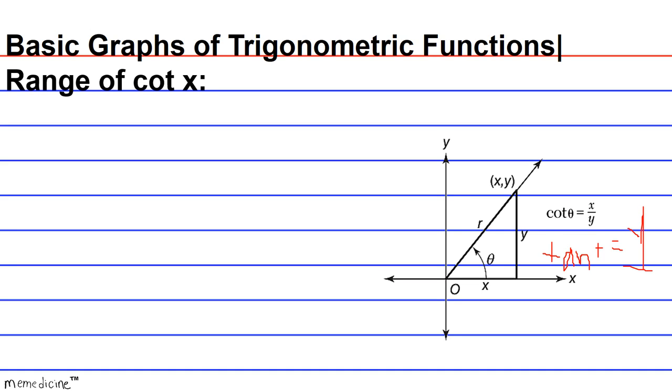Well, the cotangent is basically the reciprocal of tangent, or its cofunction, and when you multiply the cotangent and tangent of a specific angle, you should get 1, okay?